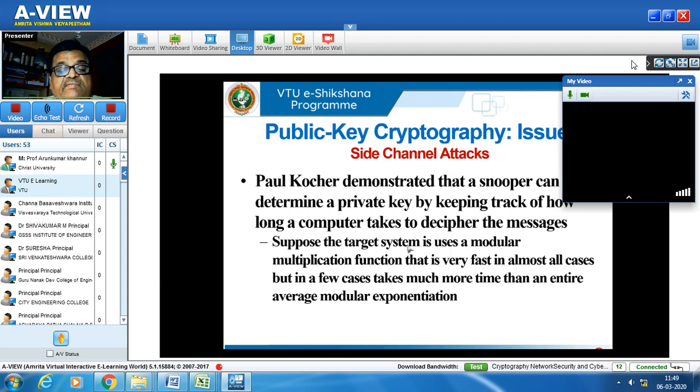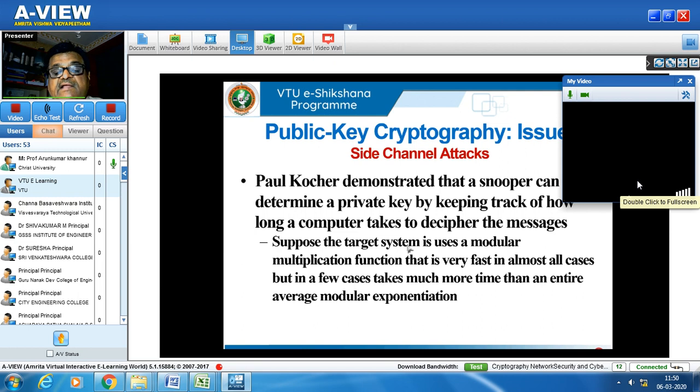And when the message is in the digital form, when it is having 1, some calculation takes place there. Because of that, it takes some time. If there is a 0 value in the message, then at that time, no calculations are being carried out. So, like that, when more time is being spent on the message on a particular digit, the attacker assumes that there is some value there.